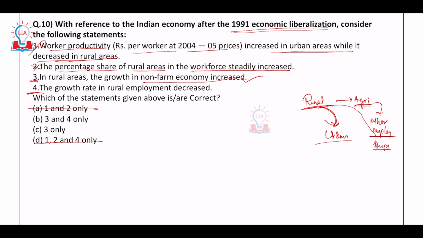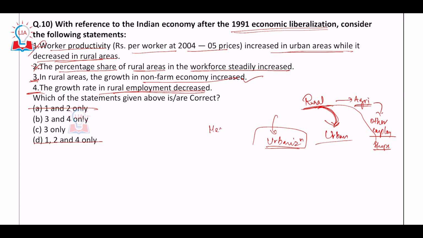The growth rate in rural employment decreased. Obviously, whenever urbanization happens in an economy, people, though they stay in rural areas, will be moving towards urban areas for work, right? So the number of jobs created in the rural areas will automatically drop.